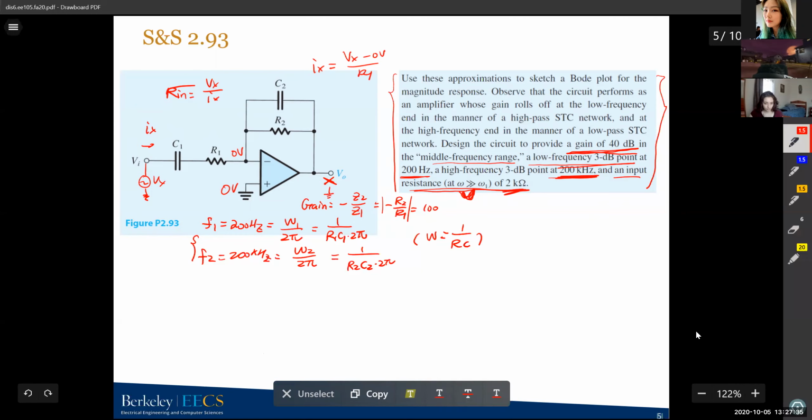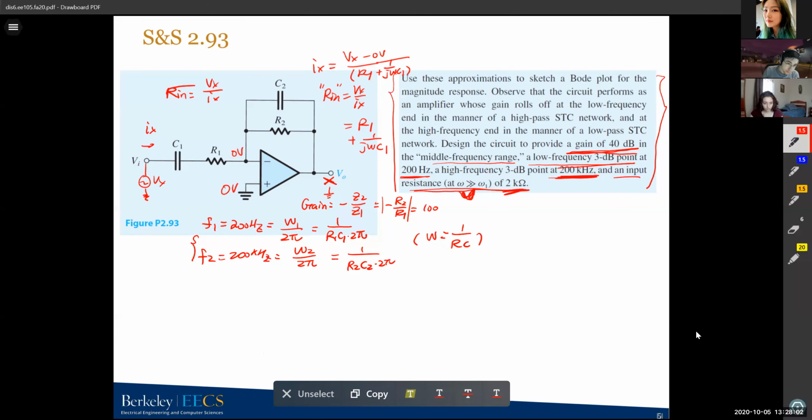Sorry, it should be divided by R1 plus 1 over j omega C1. I forgot the capacitance. That means your Rin will be R1 plus 1 over j omega C1.